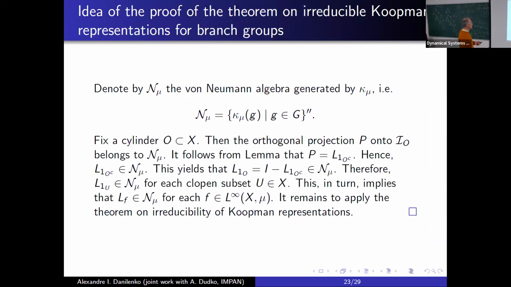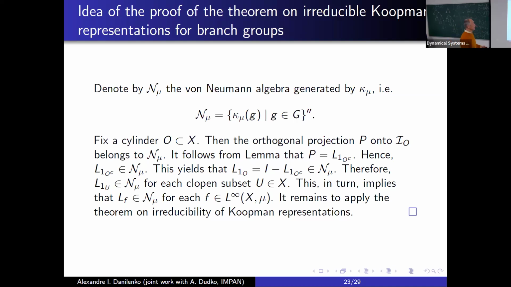Idea of the proof. Denote by N_mu the von Neumann algebra generated by kappa_mu. Fix a cylinder O in X. Then the orthogonal projection P to the subspace of fixed vectors for the group G_O belongs to this von Neumann algebra.